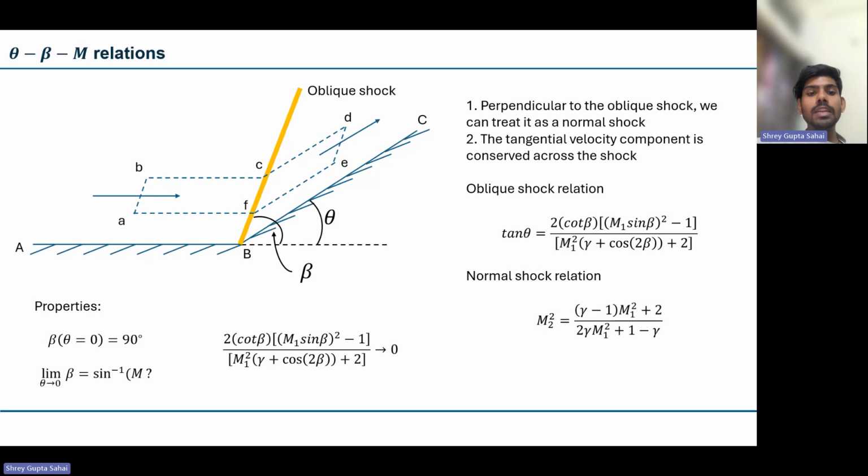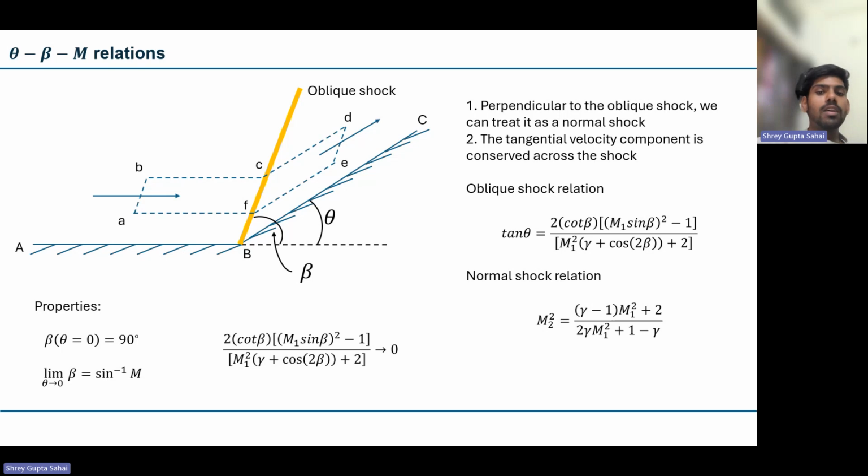Another solution for beta is 90 degrees, isn't it? Now, for tan beta going to infinity, beta is 90, which implies that theta is 0. So that is the other solution.